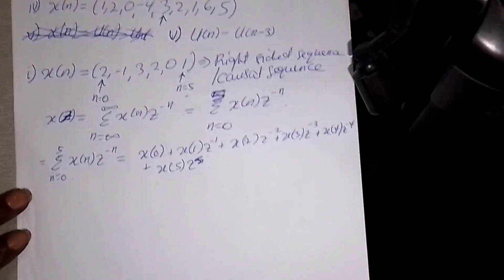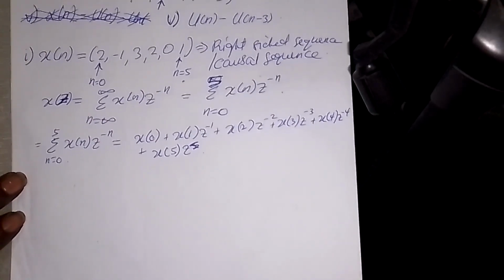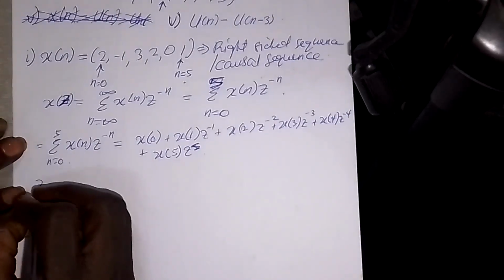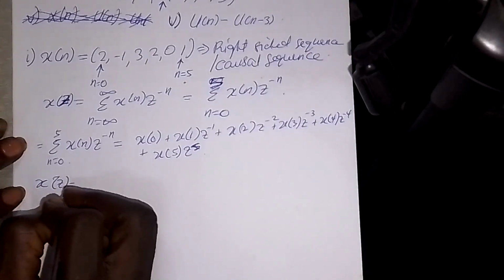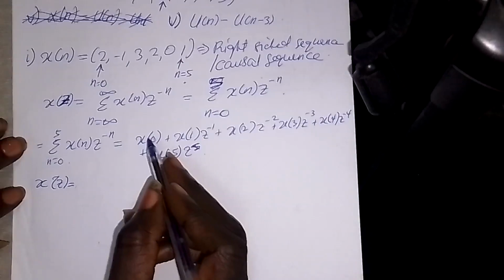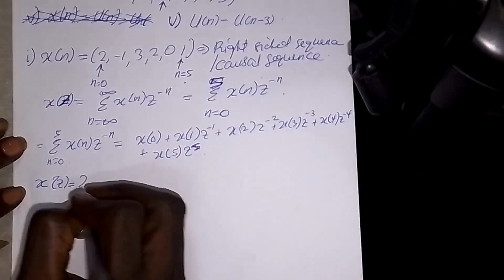So now if I have this, then X of z is equal to x of 0, which is 2.